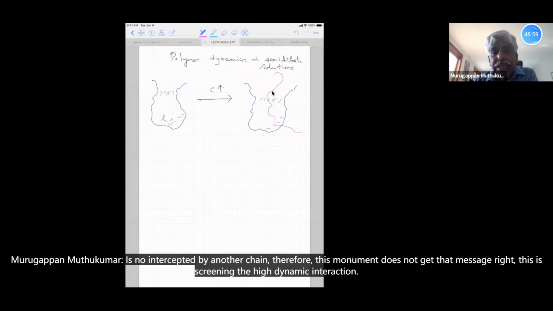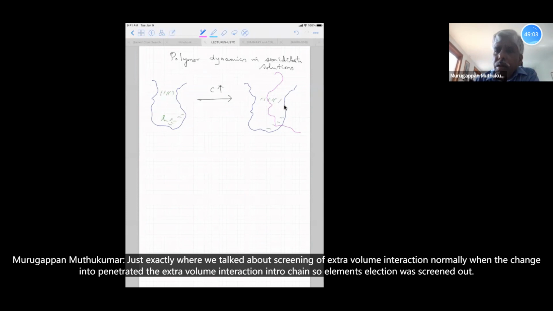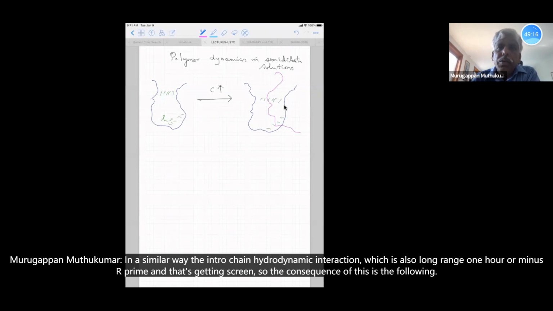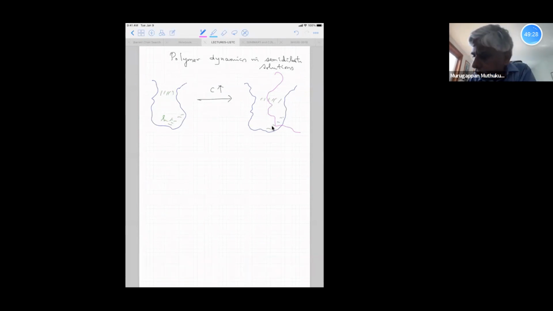This is screening the hydrodynamic interaction, exactly the way we talked about screening of excluded volume interaction. Remember, when the chains interpenetrated, the intra-chain excluded volume interaction was screened out. In a similar way, the intra-chain hydrodynamic interaction, which is also long range, 1 over r minus r prime, is getting screened.